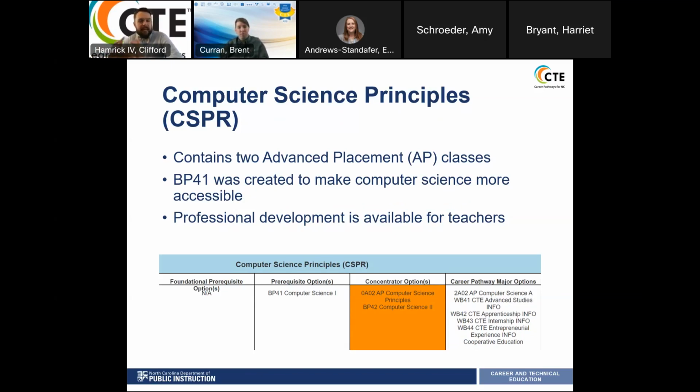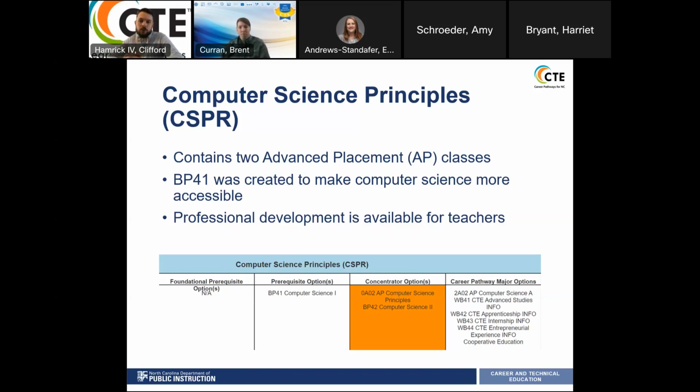This pathway was developed around the AP Computer Science Principles course. It was divided up into 2 courses to make computer science not seem so daunting. Students who get scared away by the AP moniker could still get some exposure to computer science, because we know computer science is arguably the new international language.